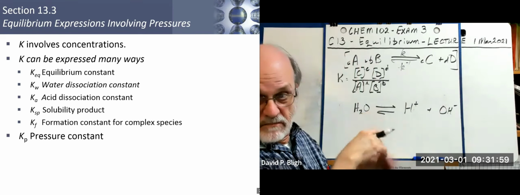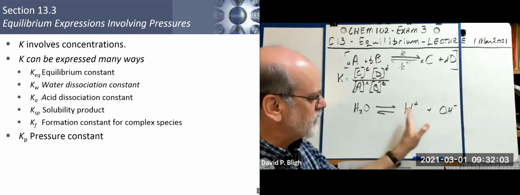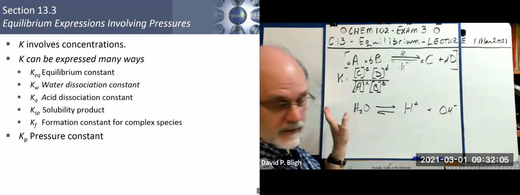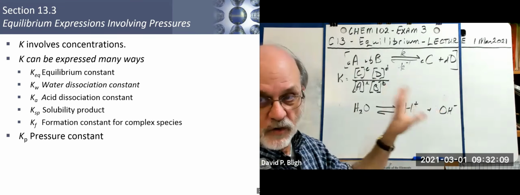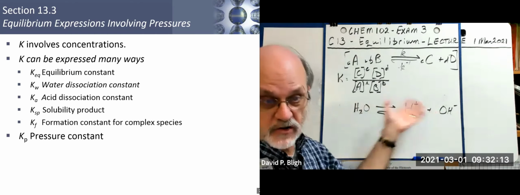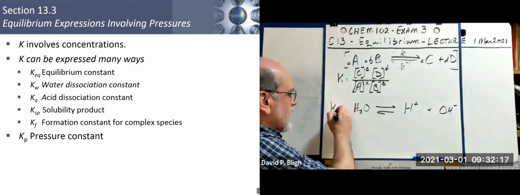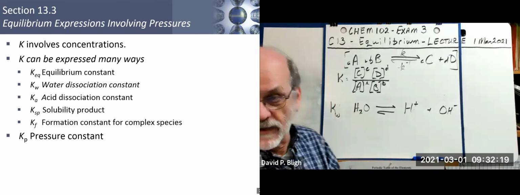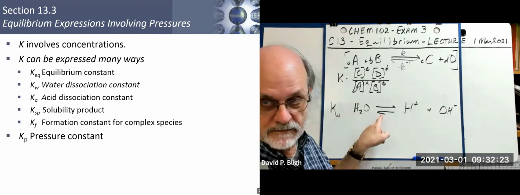You just break off a proton. Now, it doesn't do that very much. Very few of these over here. Most of it's over here. But there's enough of this to warrant the calculation of an equilibrium constant for that reaction. And the K that we give it has a subscript of W. And when you say KW, it means only that, nothing else.